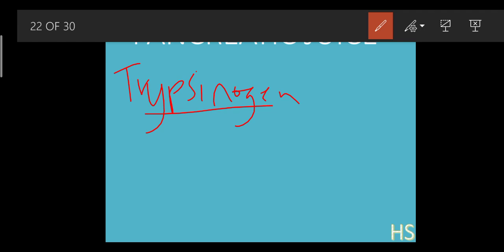Second, what is the function of trypsin? We know that part very well. Trypsin will work upon proteins, but the trypsin is not going to work directly. There is trypsinogen. What is trypsinogen? It's an inactivated enzyme.